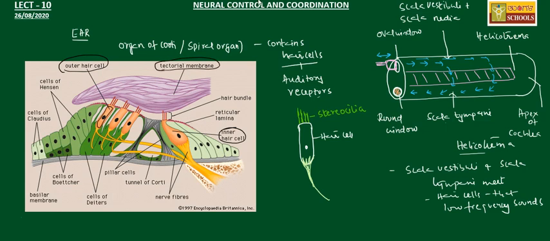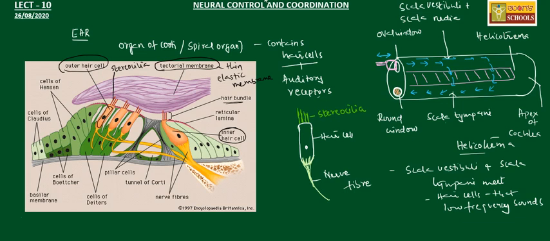You can see here, this is a thin elastic membrane, the tectorial membrane, and where he mentioned a hair bundle, that is the stereocilia. And here this is the nerve fiber.